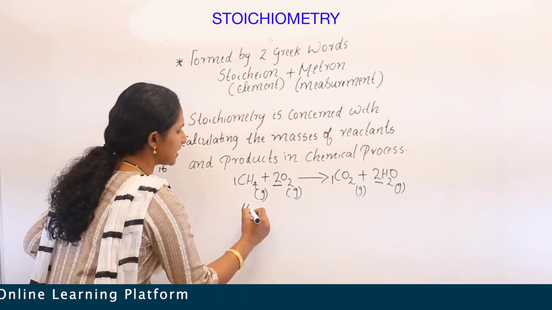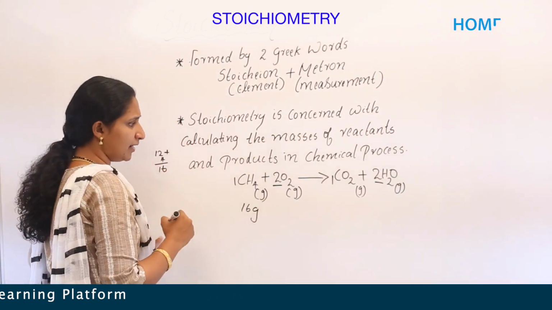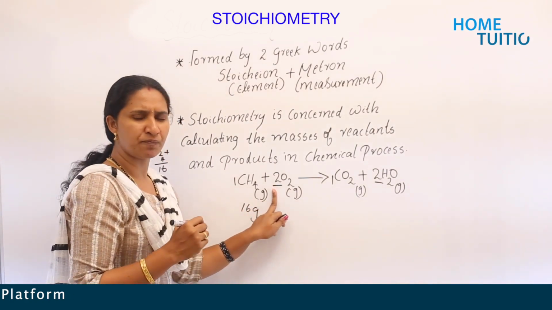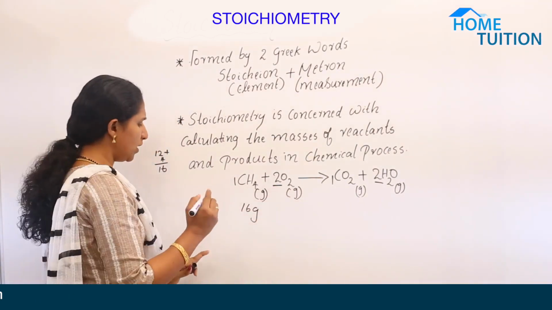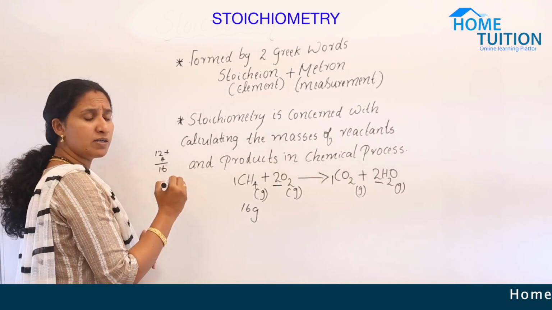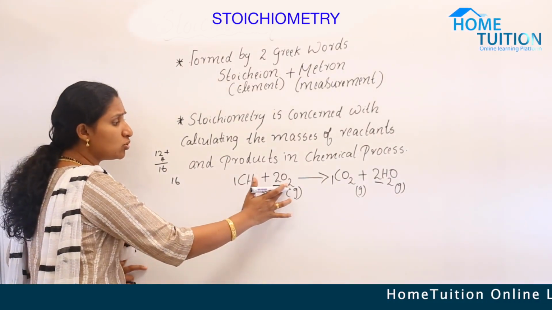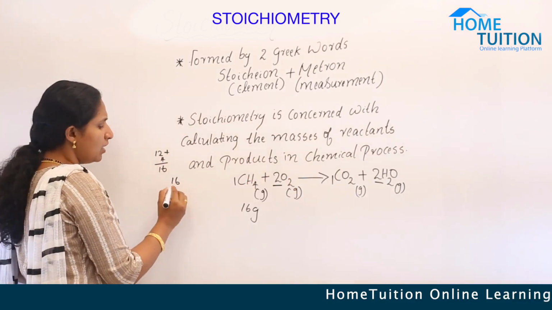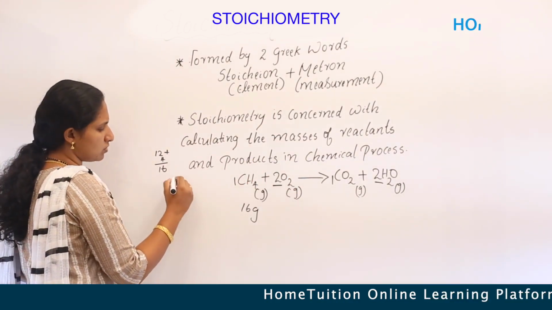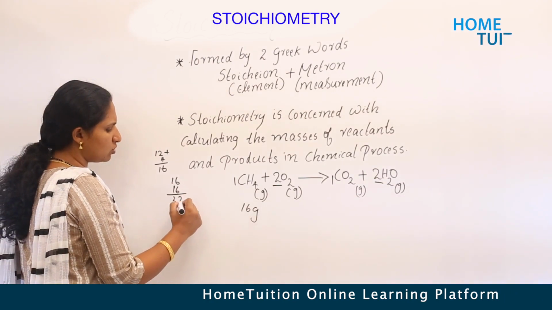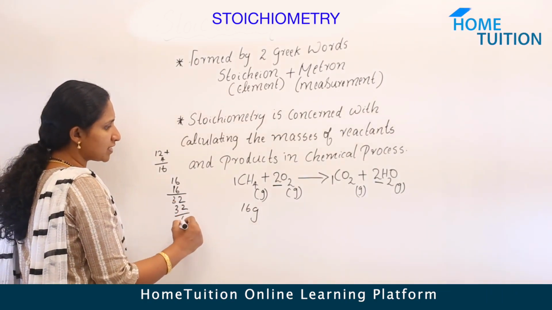So 16 gram methane combined with 2 O2. Atomic mass of oxygen is 16, so 1 oxygen molecule is 32, and 2 oxygen molecules 64.